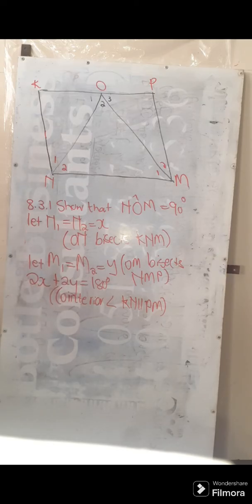That is our reason. Therefore x plus y equals 90 degrees. So if we take one x and one y, we get 90 degrees.